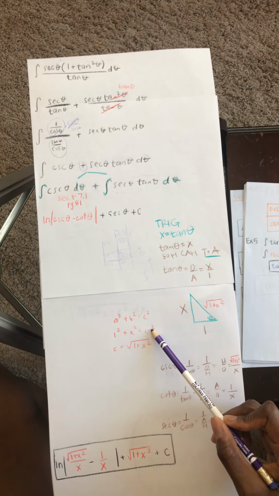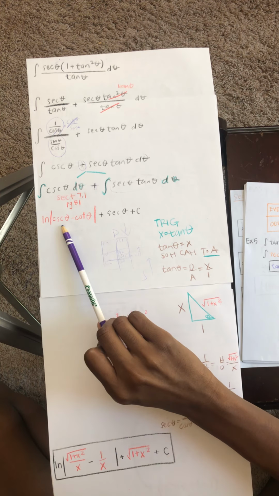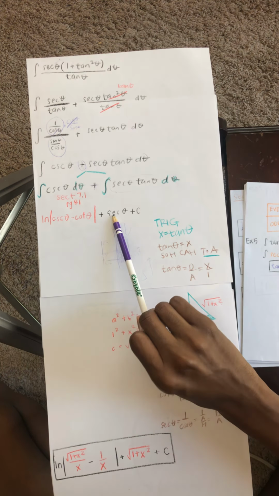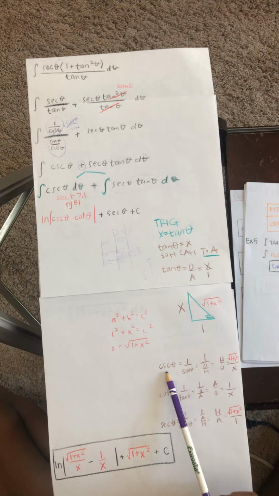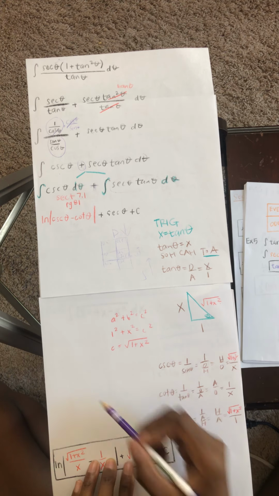We use the Pythagorean theorem to find our hypotenuse, and now we need to figure out the trigs for cosecant, cotangent, and secant. Okay, so CSC is the reciprocal of sine.